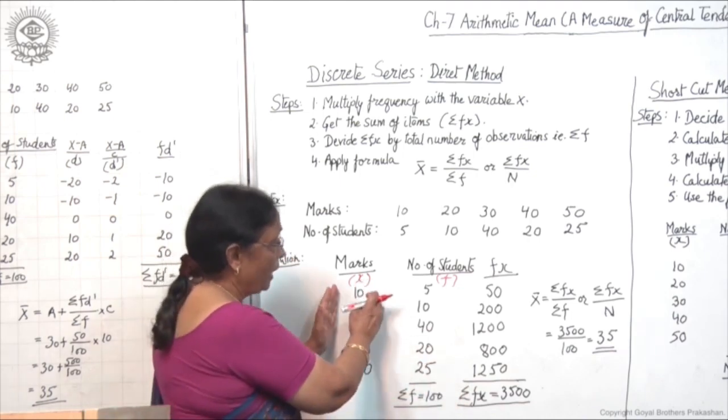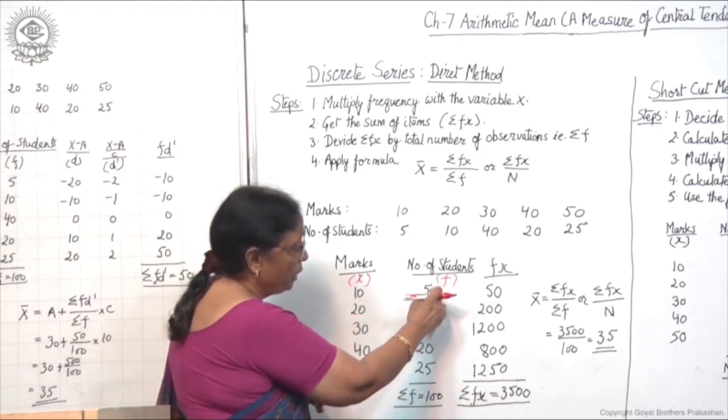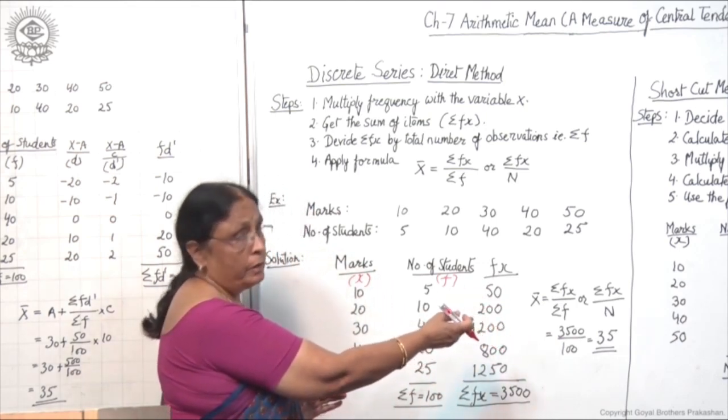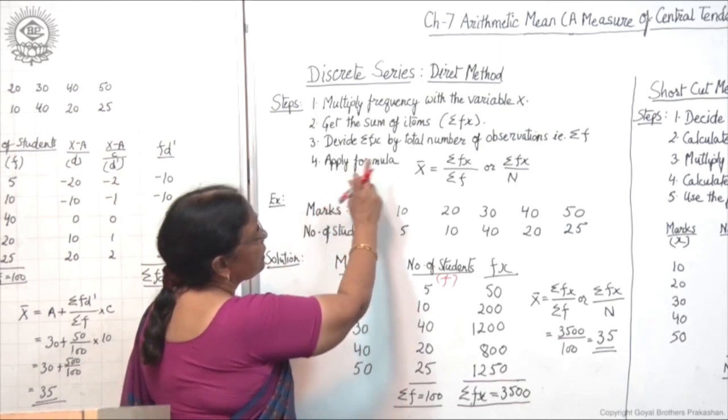So multiply each individual value in the x column with the individual frequency and get fx, right?